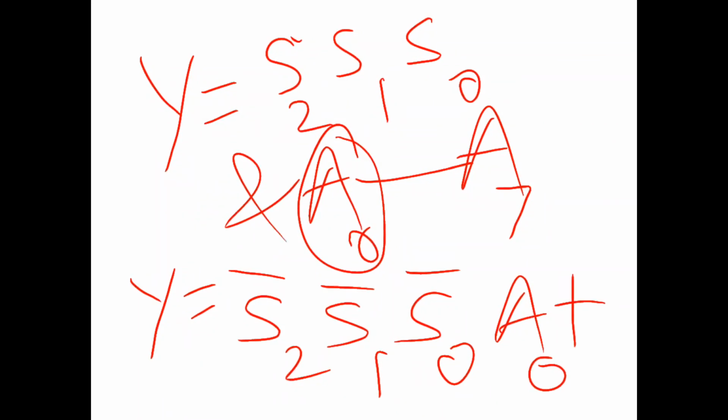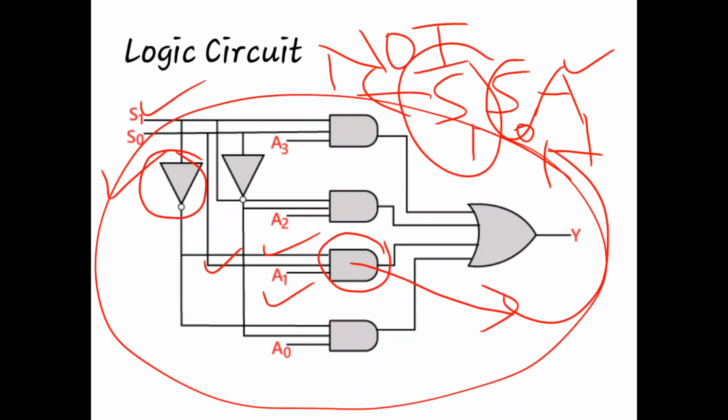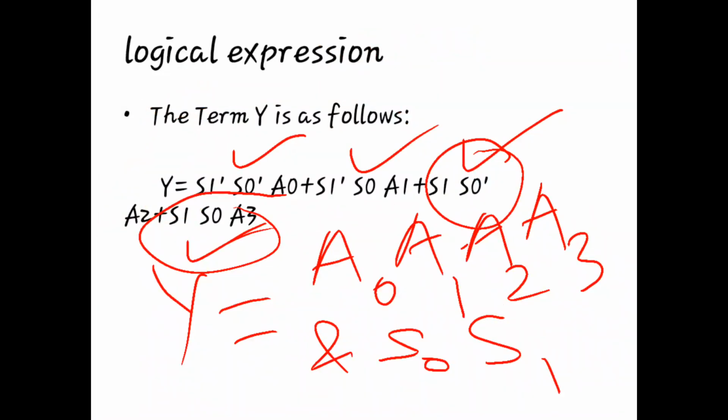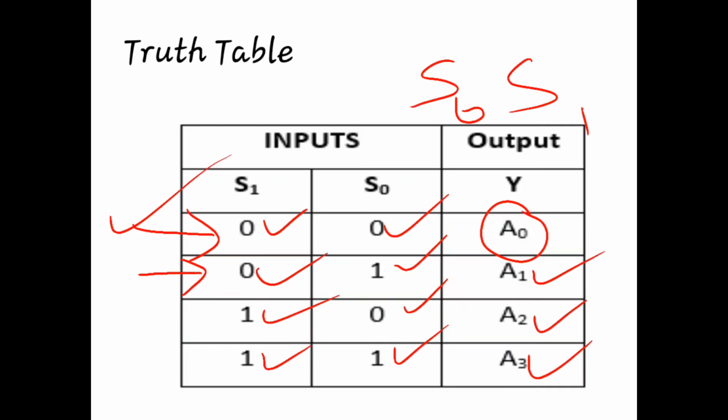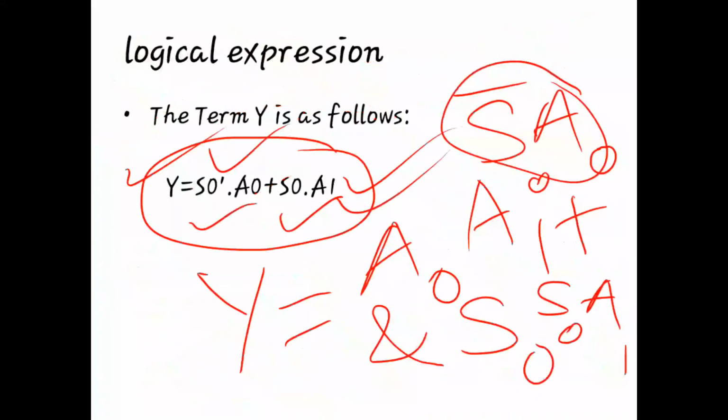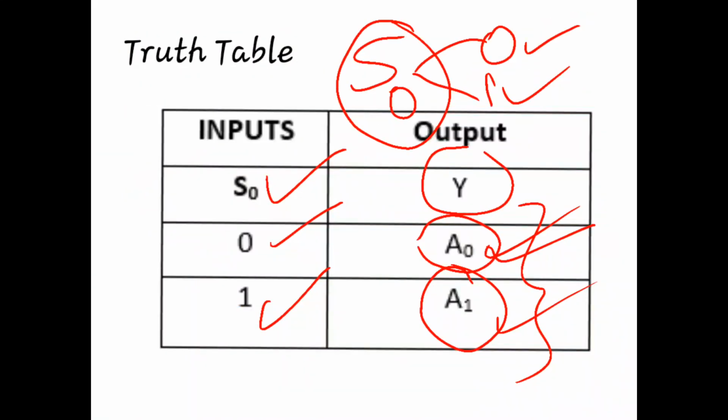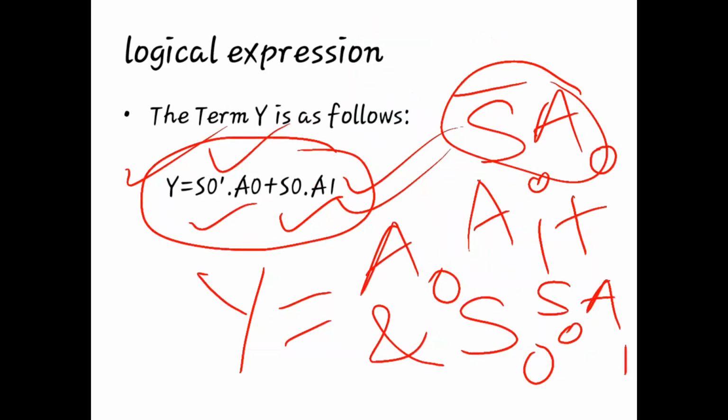Plus, we can also write the rest of the terms. The rest of the terms are going to be written in the same way, like we did in the 4 by 1 or 2 by 1 multiplexer.